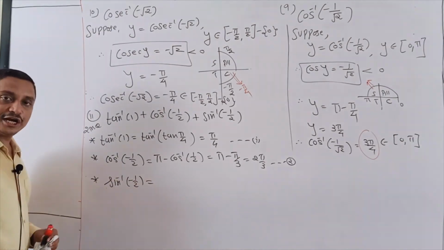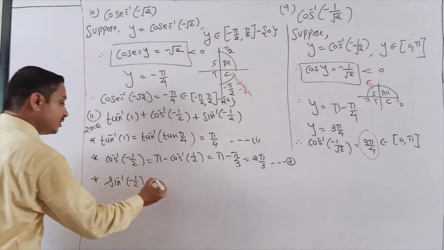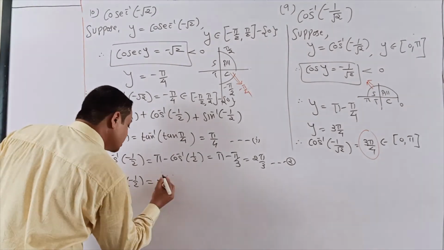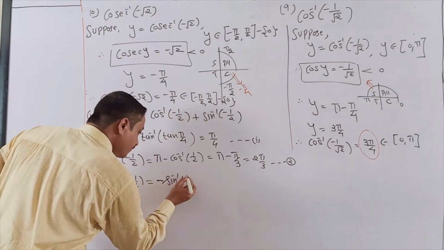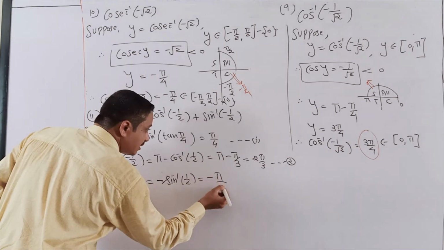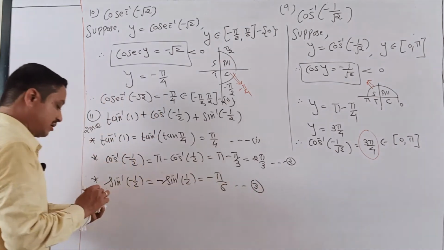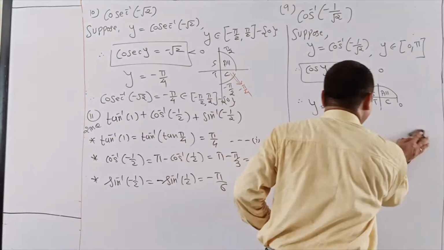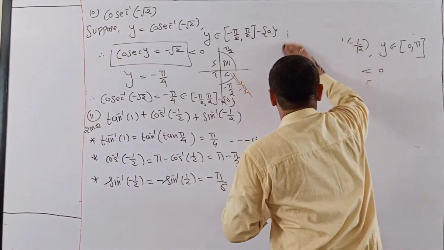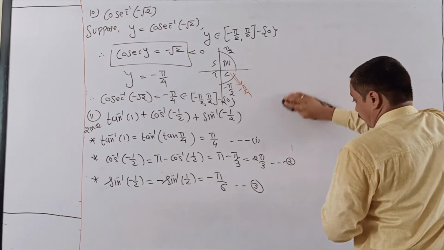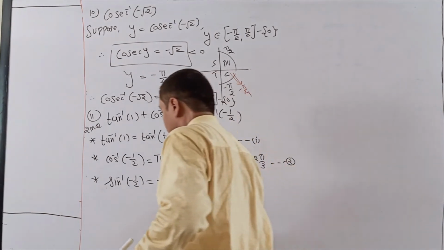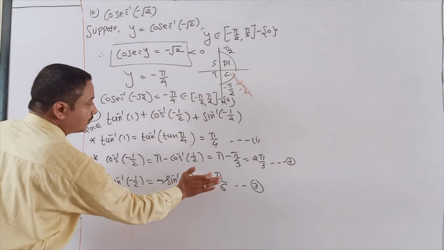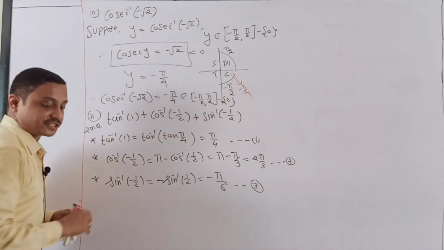Sign is also negative in this range, fourth quadrant, minus outside, sin inverse half. So my answer is minus pi by 6, statement 3. And now finally, students, apply 1, 2 and 3 in your questions and fully derive our answers from 1, 2 and 3. So these 1, 2, 3 I apply in these equations.